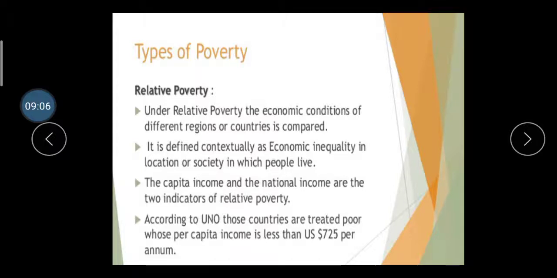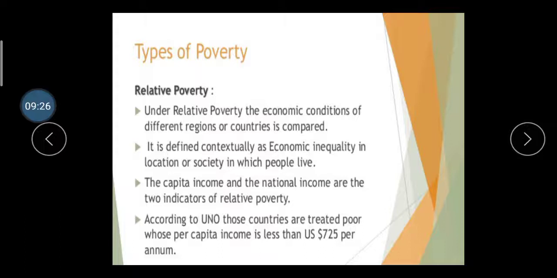If any country has per capita income lesser than $725, it is considered a poor country, because this standard is used for easy comparison, since different countries have different currencies, right.